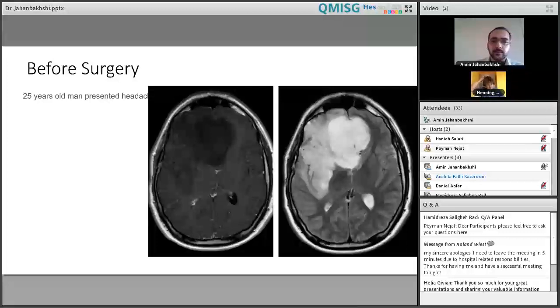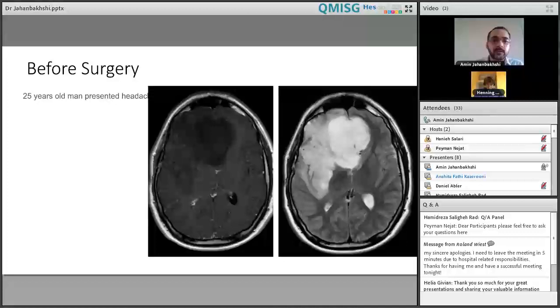So it is very difficult for us to decide, at least before operation, to resect just the interhemispheric lesion or extend our resection to the right frontal lobe and posteriorly toward the parietal region. So it is very important for us to decide and know which one is edema and which one is tumor.